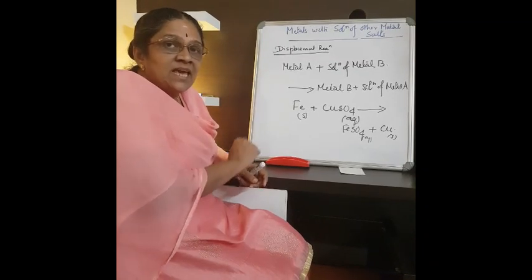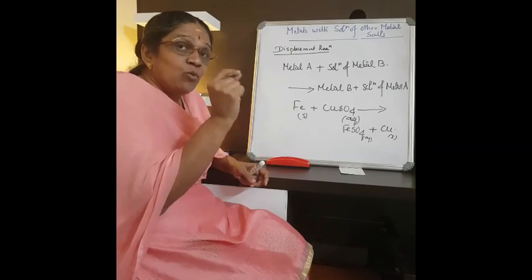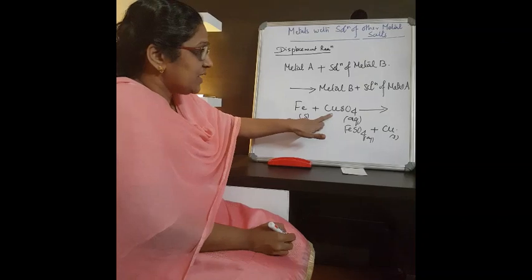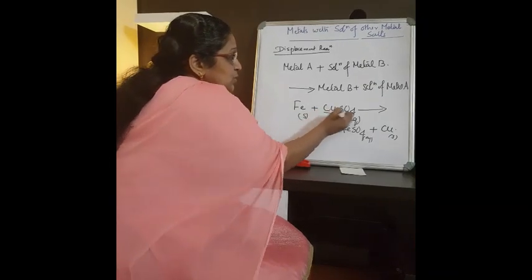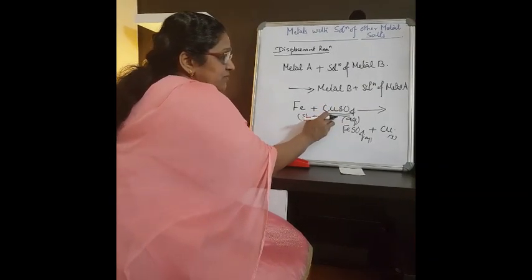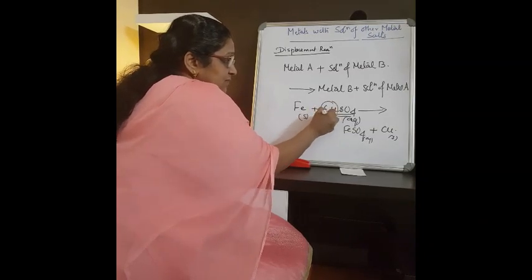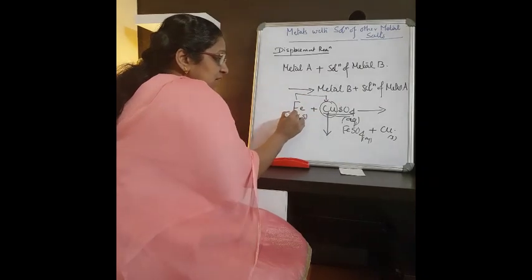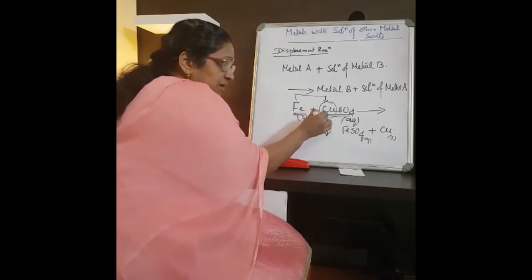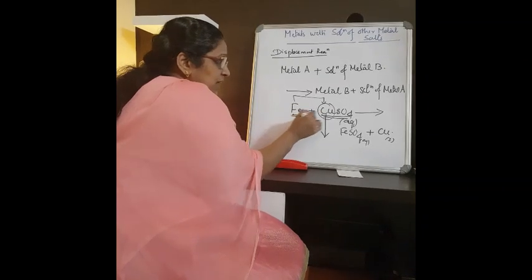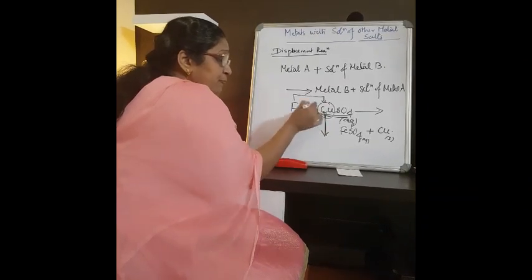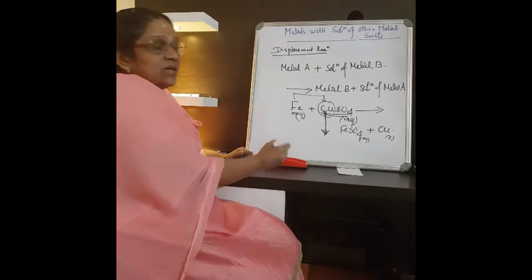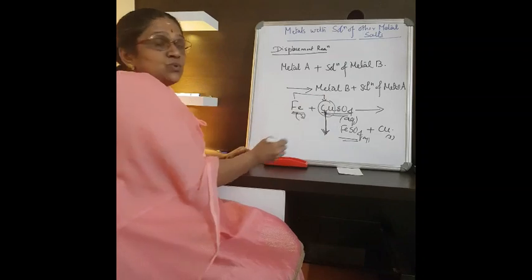Correct? That means if a metal is more reactive, listen, in this case what happens? Iron plus copper sulfate. From this copper sulfate solution, the copper is being displaced by whom? Iron. The iron is more reactive than copper. That is why it has got enough power to displace the copper from the copper sulfate solution and form iron sulfate solution.